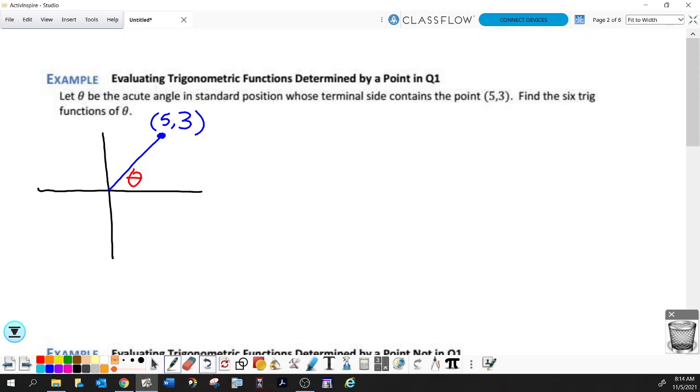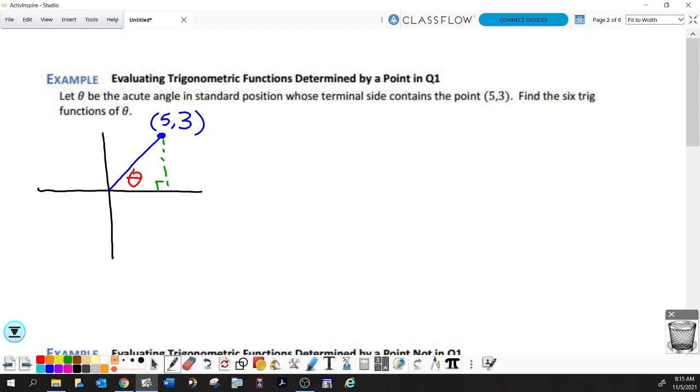And we have 5, 3 on the terminal side of our angle. It says to find the 6 trig functions of theta. Okay, well, I'll just drop an altitude. And yeah, that's a 90-degree angle because I said so. There. We have a right triangle.